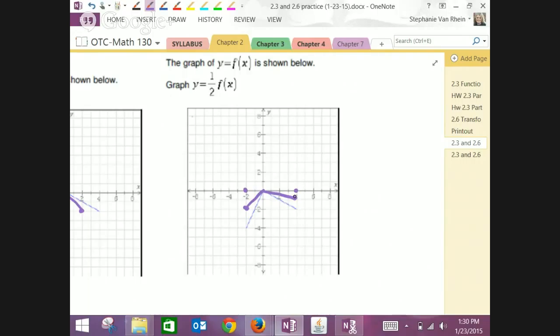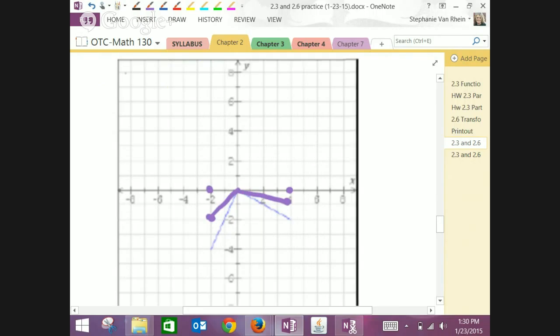So this is just saying, I take the function and multiply it by a half, so you only get half of the output. You guys see that? It goes from -2 to 4, but it's not as dramatic. It doesn't go as far. Originally it went to -4, now it's only going to go to -2.